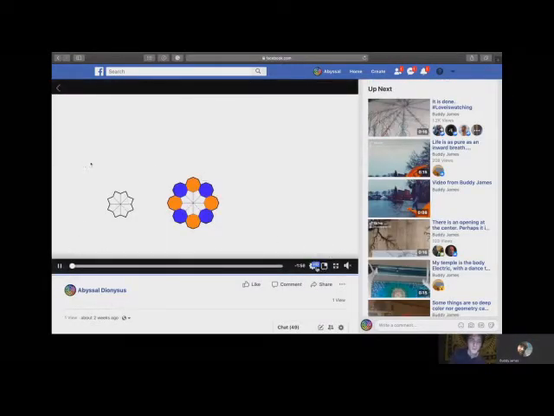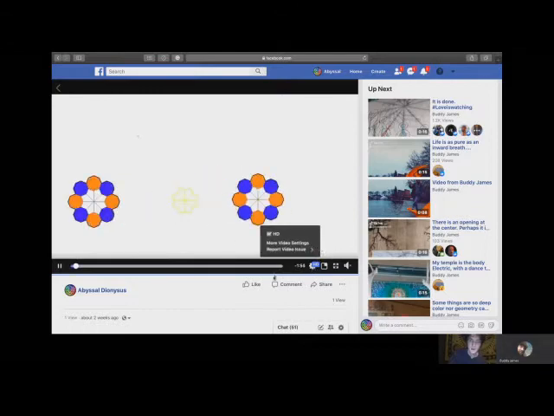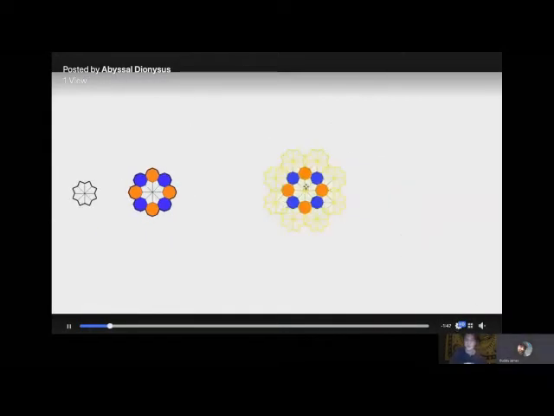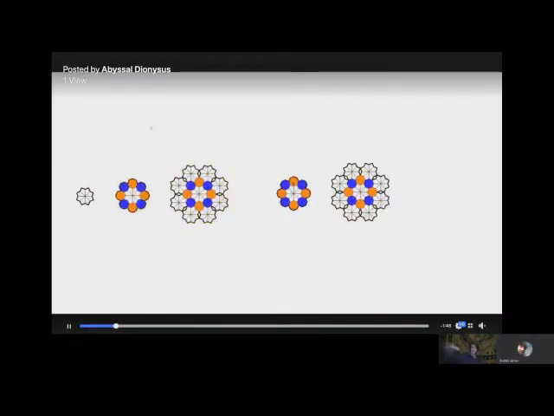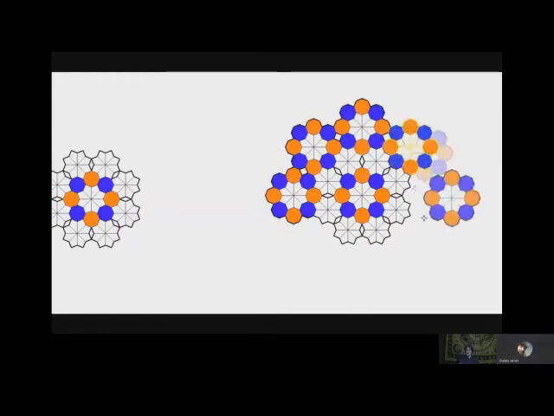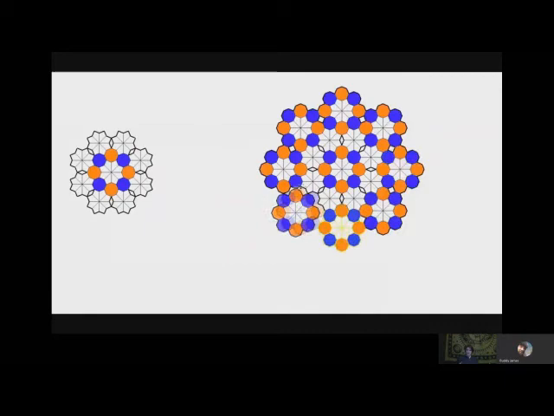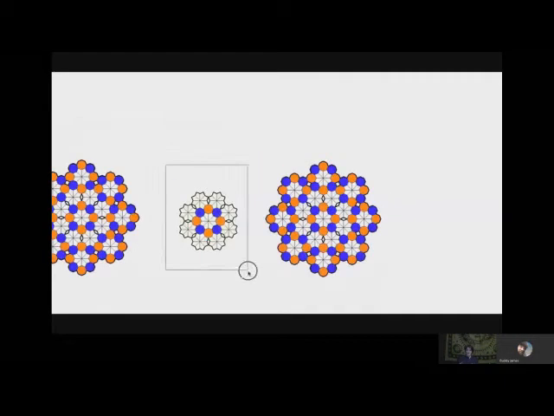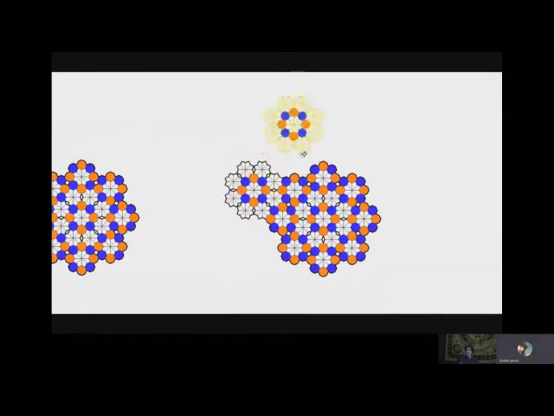There we go. And I don't know if you can speed these up, but it's a progression of tiling, and it has a harmonic set that keeps expanding and expanding. There's a simpler way to diagram this with just octagons, but this is using two-part tiling.